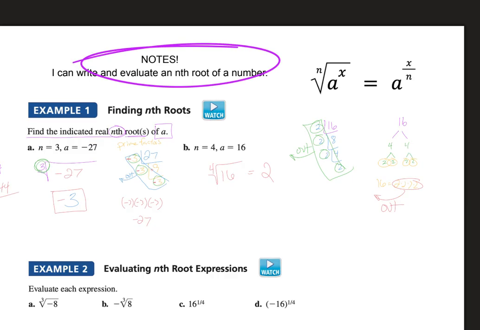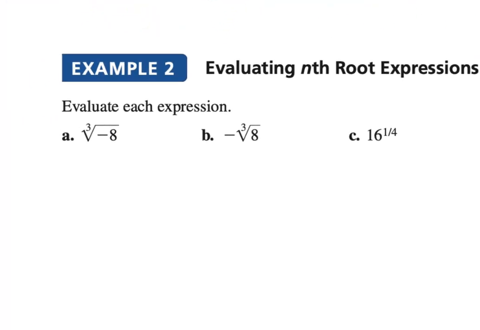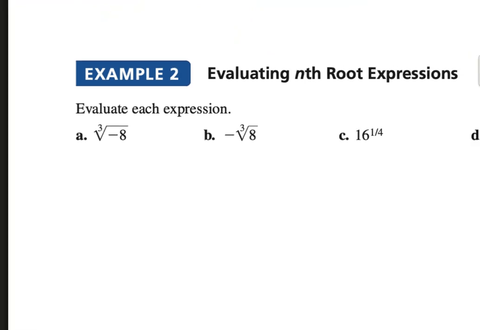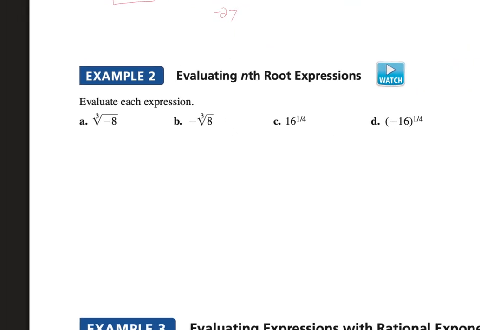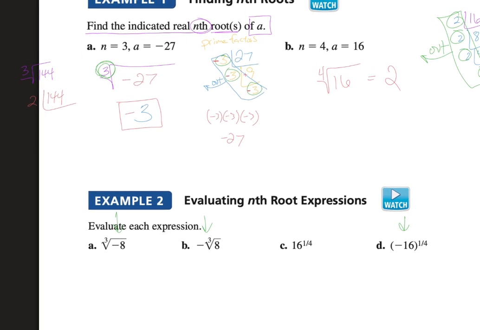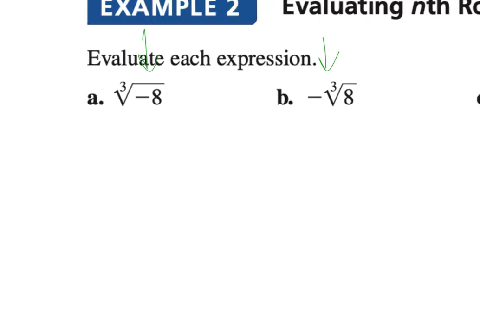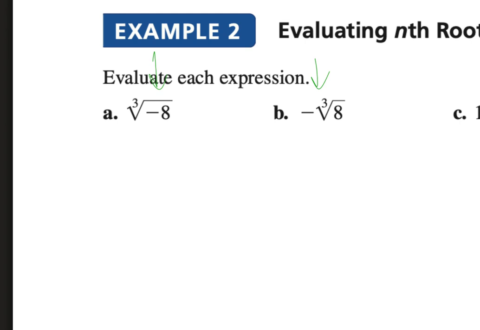Okay? Let's check out the next one. Really, this is just now, hey, let's practice it. And it's a great practice because we have negatives here, and a negative here. And we're going to have some interesting outcomes. Kind of like we had here. But let's check this out. This is negative 2 times negative 2 times negative 2.